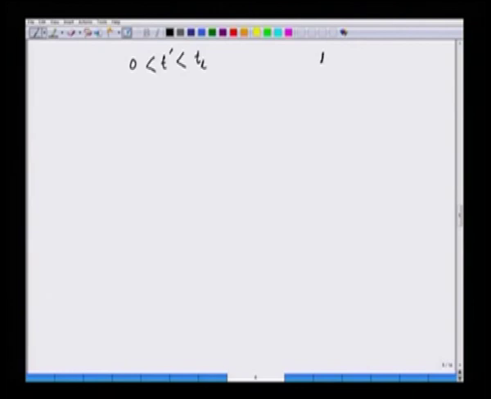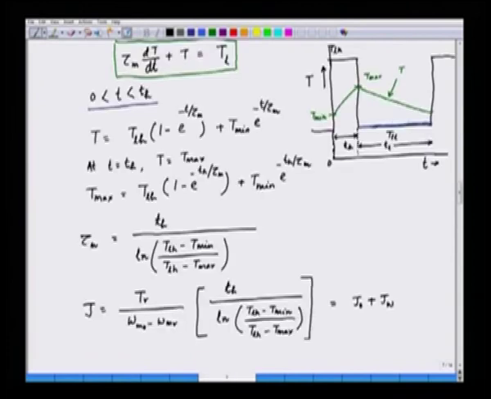Now, what is T prime? T prime is T minus Th. If we concentrate on this part, what is the initial condition here? The initial condition is T maximum, and the final is T minimum.